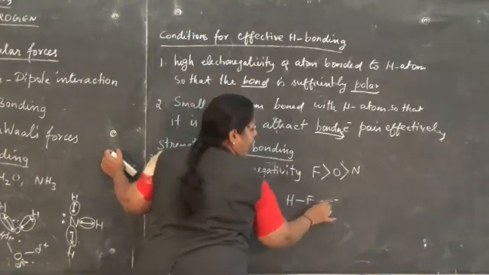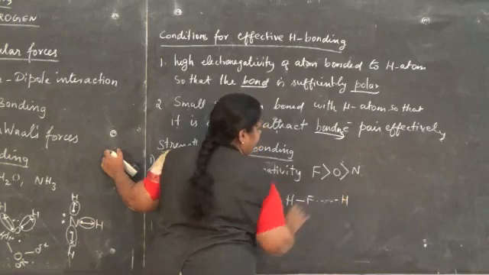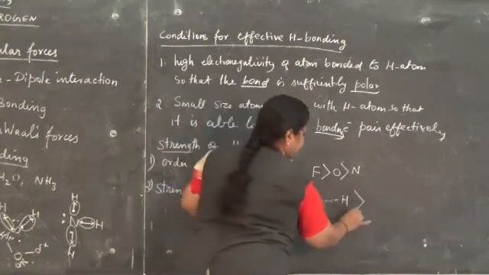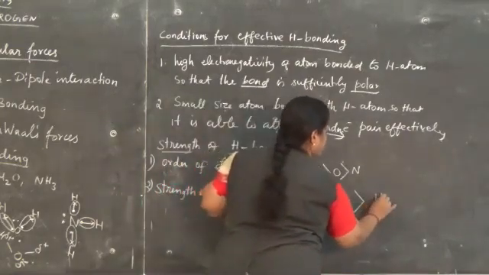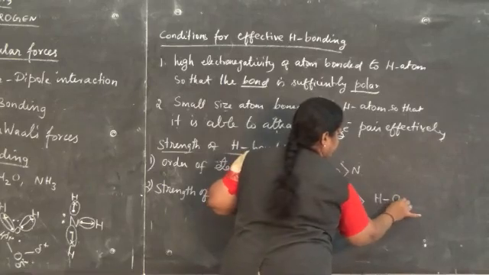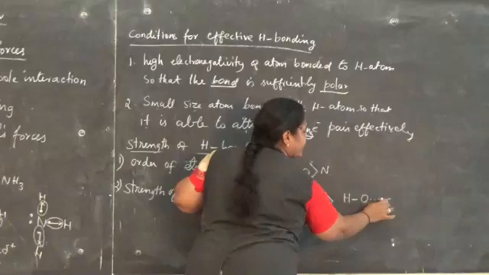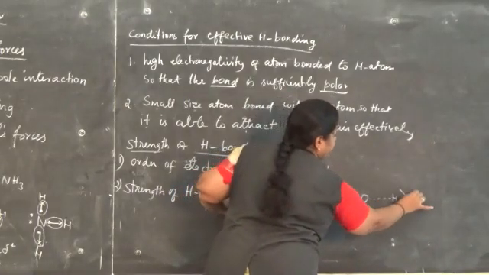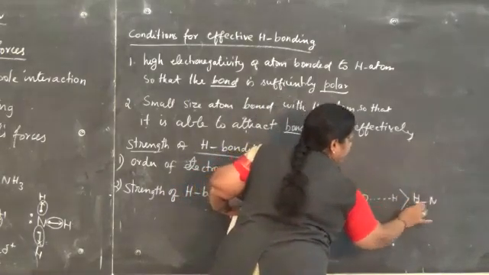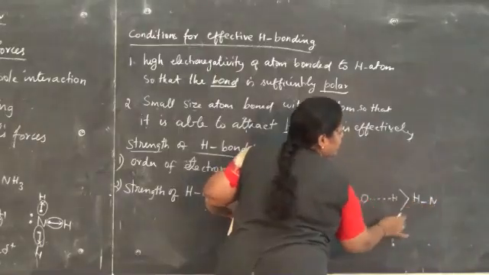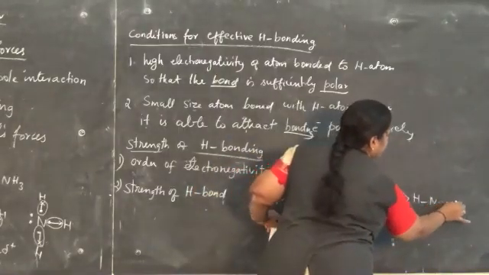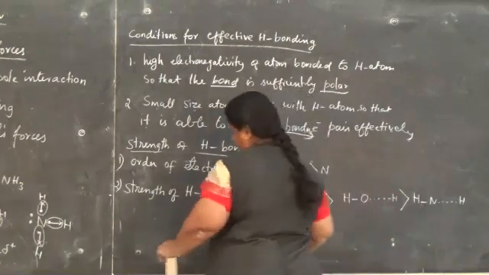It forms hydrogen bond with a neighboring hydrogen atom. This is greater, like that. H covalently bonded with oxygen forms hydrogen bond. Hydrogen bond is represented by a dotted line only. Next is HN. Between hydrogen and nitrogen, the bond is covalent. It forms hydrogen bond with a hydrogen.